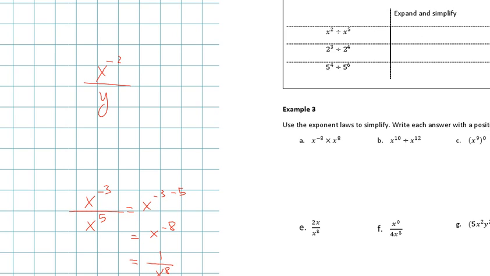Yes or no? I can't simplify this, right? The only thing I have to do is change that x, because that's x to the power of -2. I have to make it positive. So to make it positive, you just have to bring it down to the denominator. The y has to stay down there because only x is to the power of -2. So that becomes 1 over x squared y.